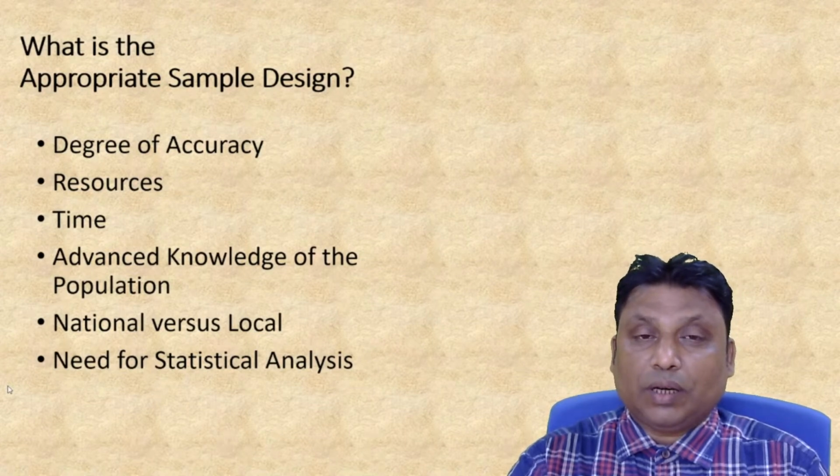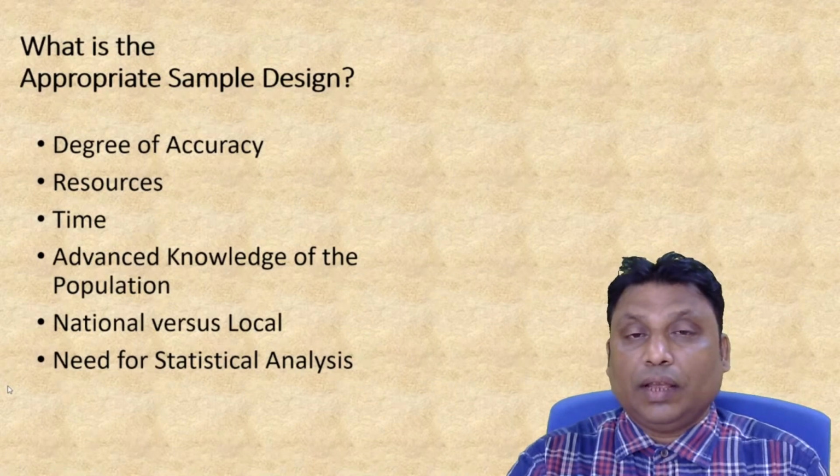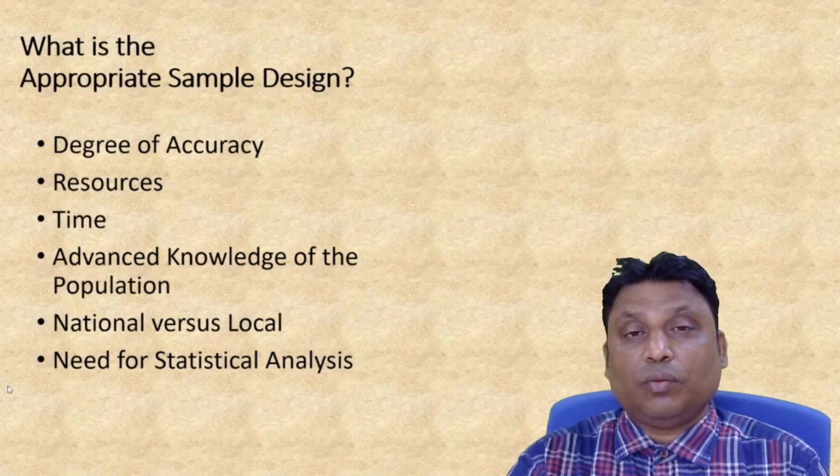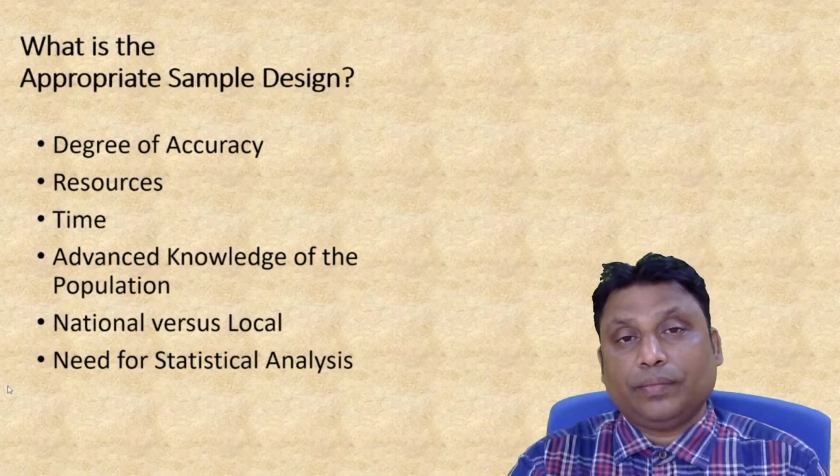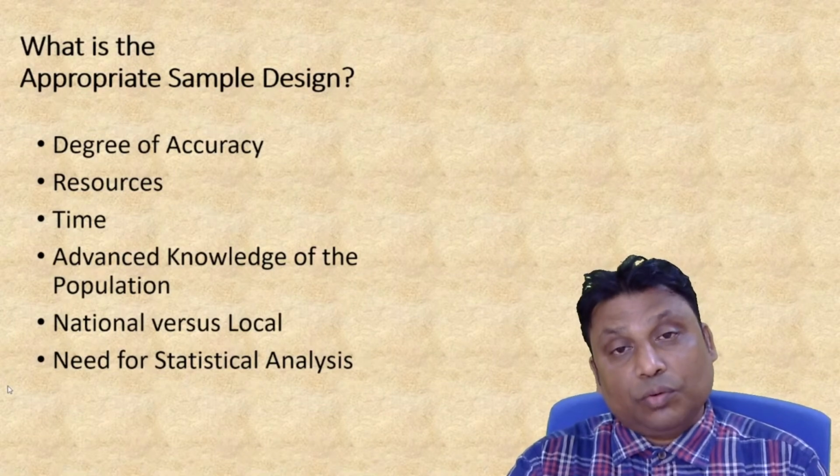Population means, suppose you want to go to households and collect information from one person in each house, and that person is unable to answer the questions, or the data is not available with them. Then that is not accurate. So the problem is, who is the target audience in each household?